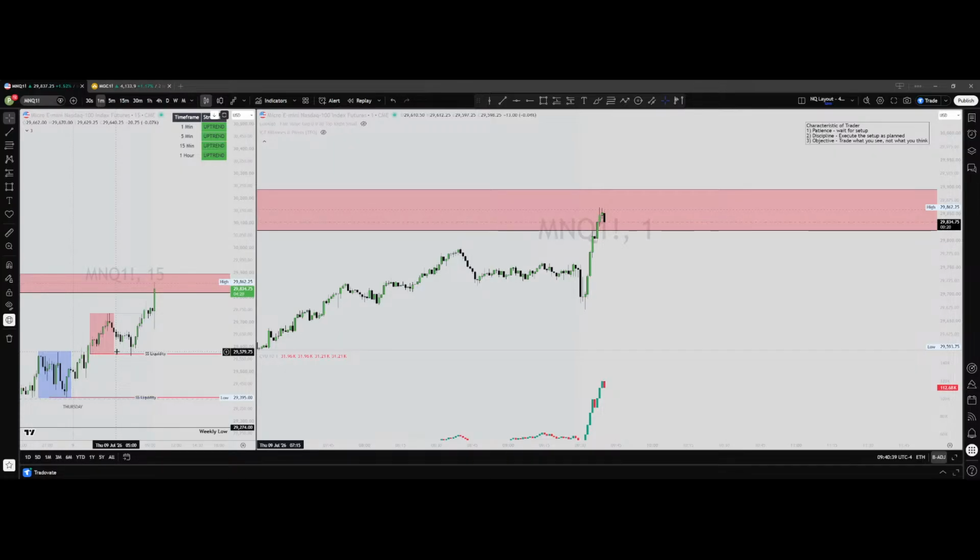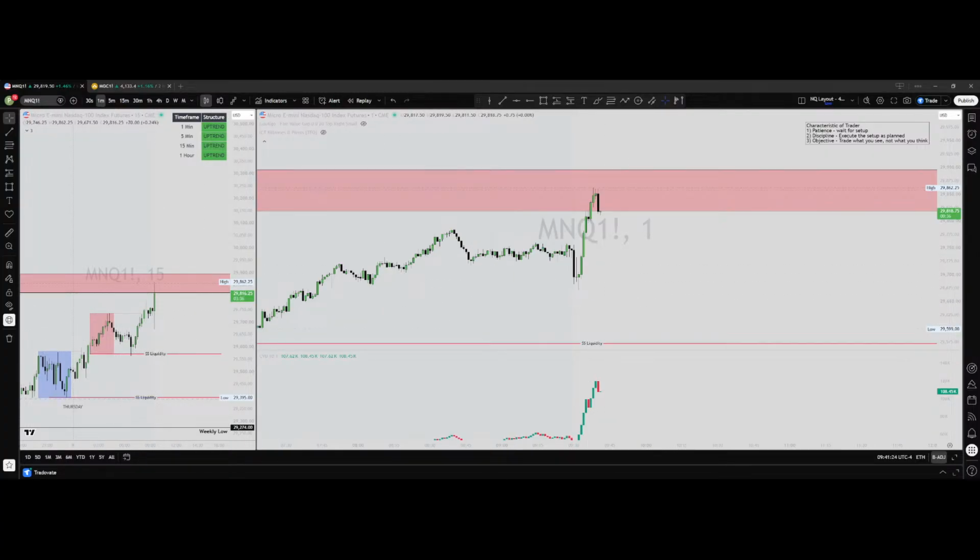Current 15-minute trend is also bullish. So I have to keep this in mind: a previous level works only when the previous level is of the same trend. There are chances of that working. Now, even if it goes all the way down from this 4 hour fair value gap to this, as of right now.